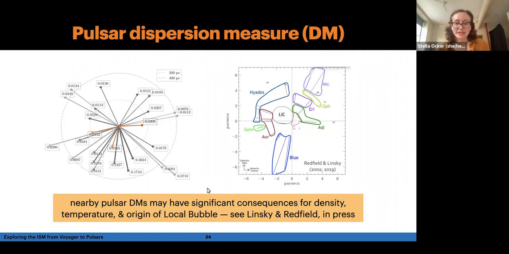So this is potentially a really significant rewriting of our understanding of the local bubble, and is a very interesting example of how valuable it can be to combine these different remote probes of the ISM. And also how important it is to use these remote probes of the ISM to place our understanding of the nearby ISM probed by Voyager in a larger context.